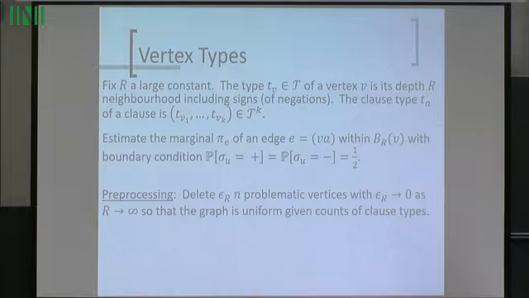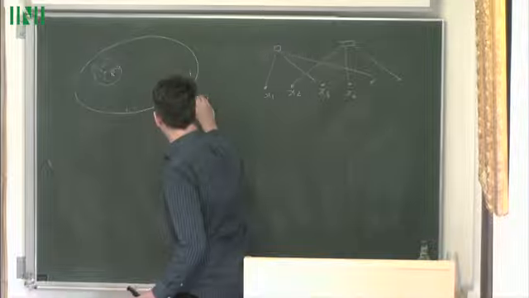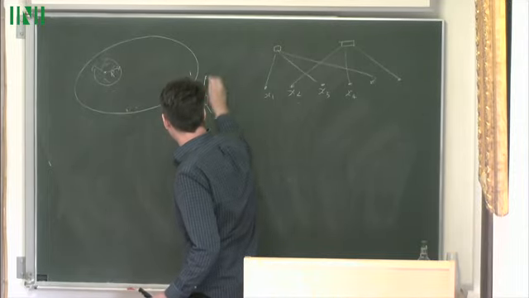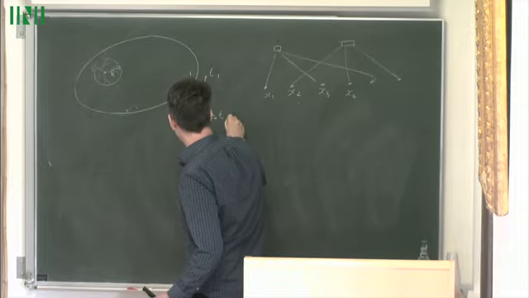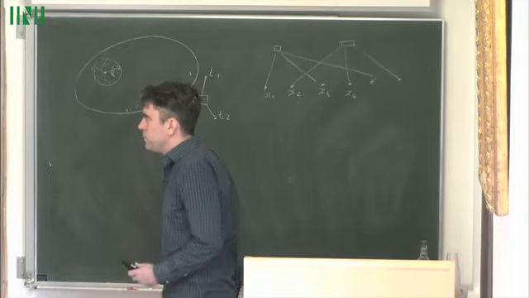Okay, and then we want to count the number of these clusters on the remaining graph, but in a particular way. For each clause type, you have a clause, and it knows the types of each of the variables in it.